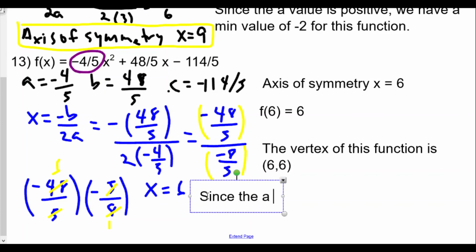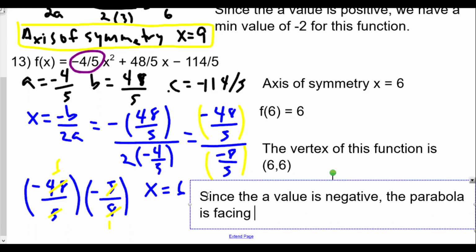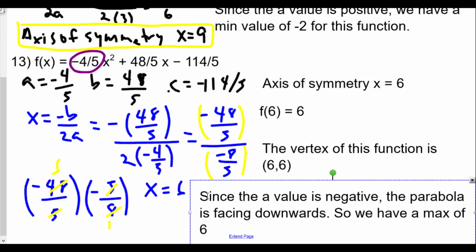Since the a value is negative, the parabola is facing downwards, and so we have a max of 6 for this function.